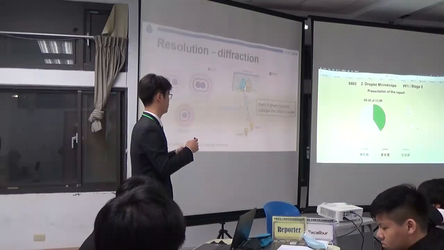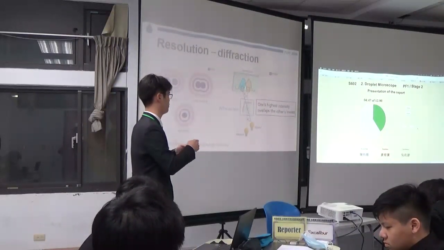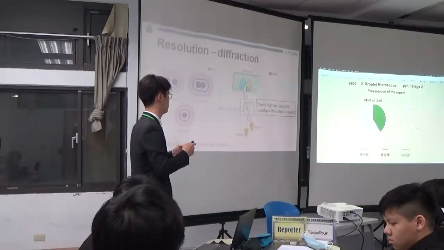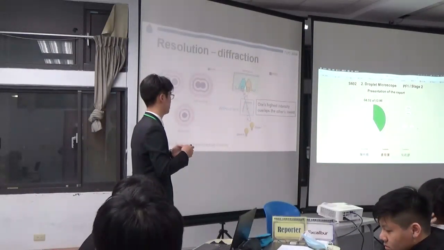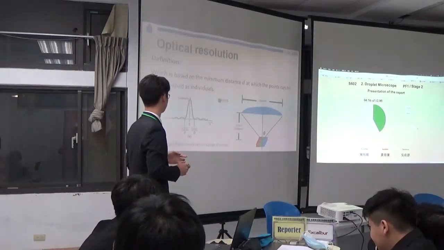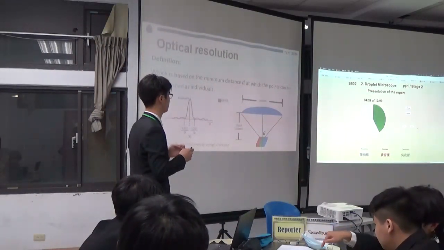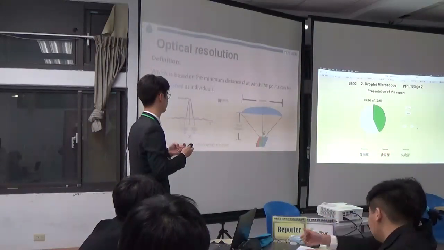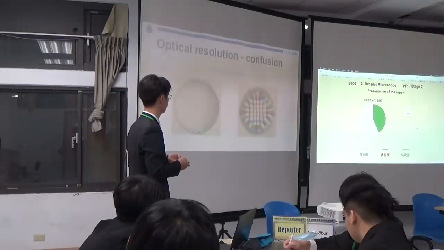And when the one with the highest intensity overlaps with the other's lowest, then you can observe the one's image obviously. So based on this, we can define the minimum distance at which the points can be distinguished individually.